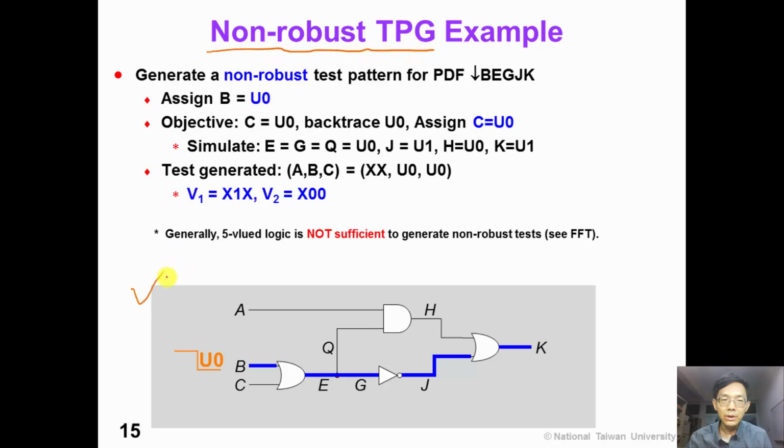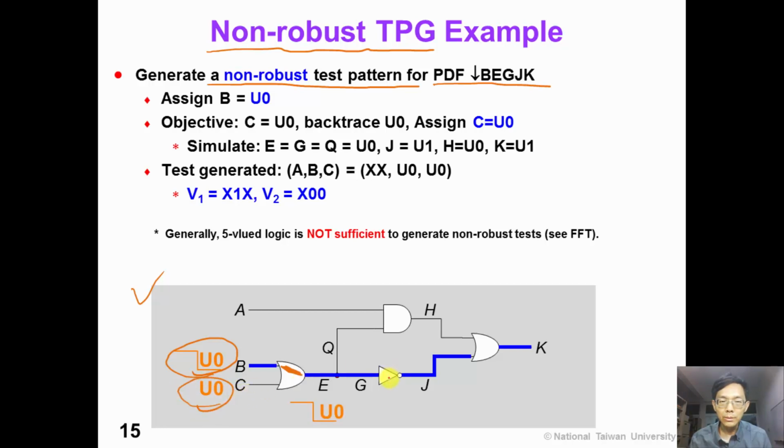Consider the same circuit and our path delay fault BEGJK. Now let's generate a non-robust test pattern. At the starting point, we assign B to be U0. And if we want to non-robustly sensitize through this OR gate, the off-path signal can be U0.